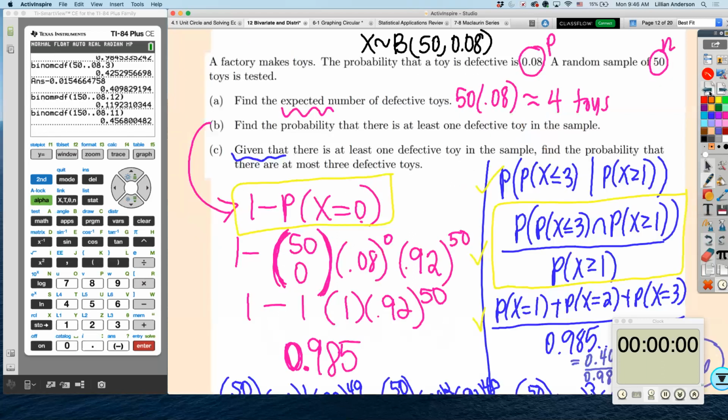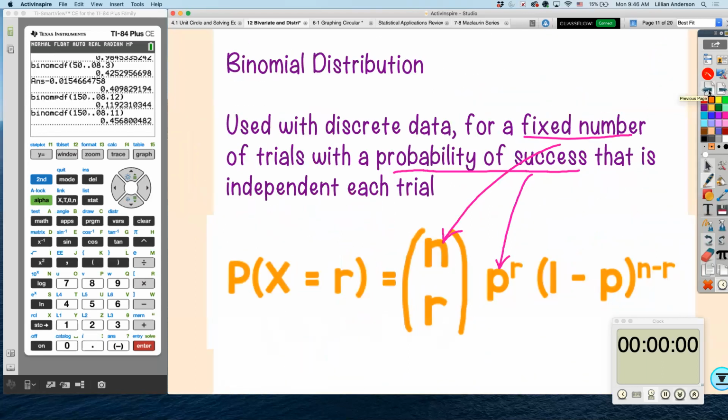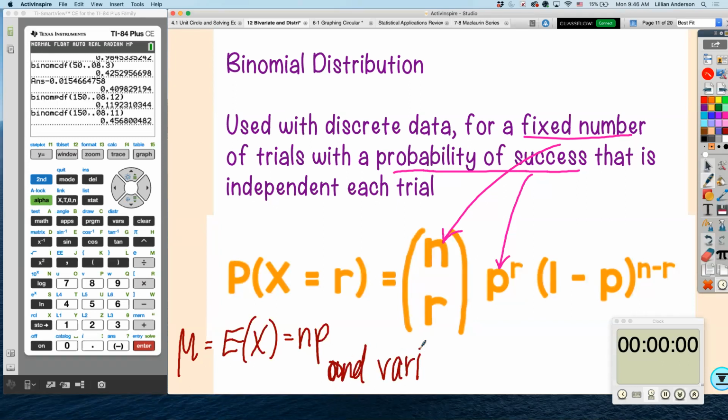Something that you do need to be aware of with binomial distribution, not just how to use the formula, but also again, that expected value is found by multiplying n times p, also known as your mean, which we've done several times. And you also need to remember that variance is equal to n times p times 1 minus p.